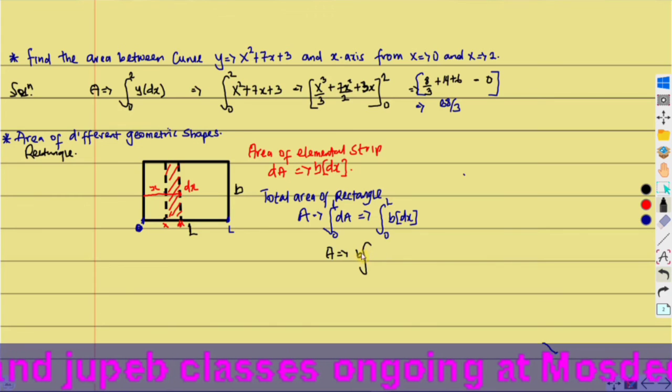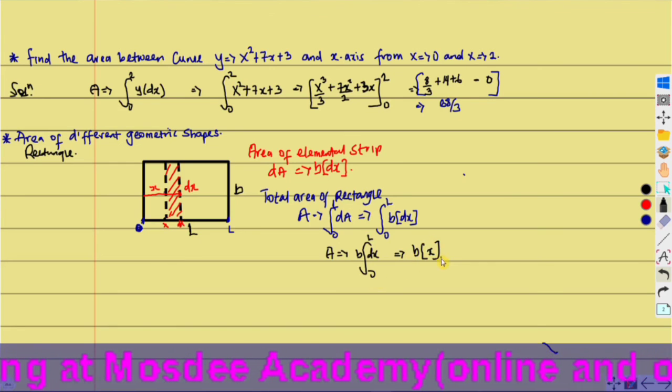Taking from 0 to L, if I integrate dx, I'm going to have b times open bracket x, with the limit from 0 to L. You don't need to get bored, because this is just the beginning, and this is very easy. We are going to be following the same process for all of this.